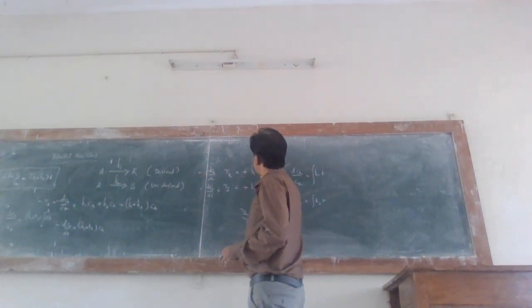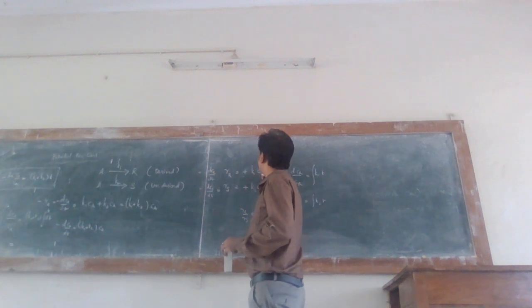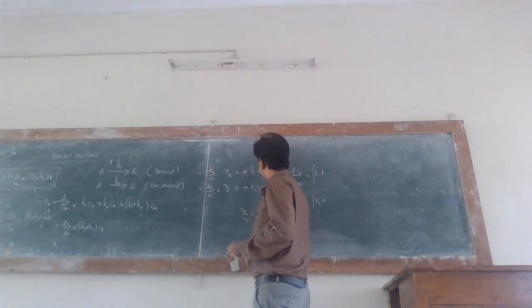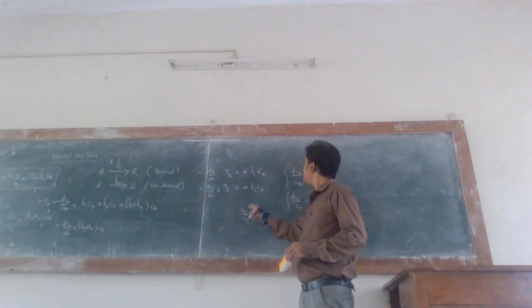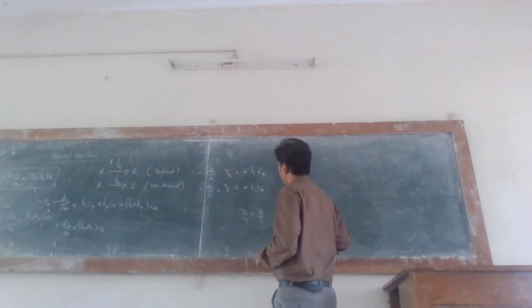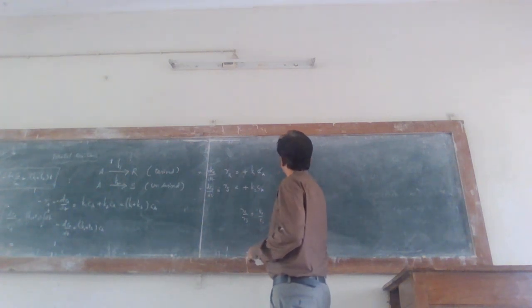What is the general convention? In terms of concentration of A only. So here also it is mentioned in terms of concentration of reactants only. So what will happen if I do RR by RS? RR by RS is equal to K1 by K2. This will be cancelled. Now what is RR? RR is dCR by dt.